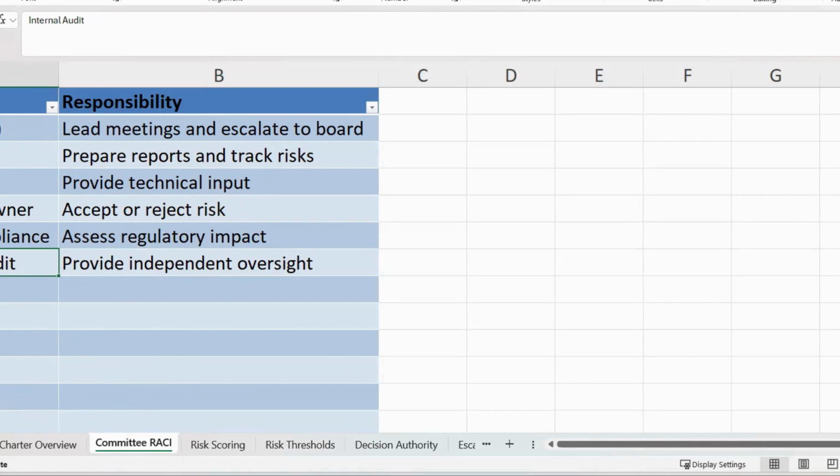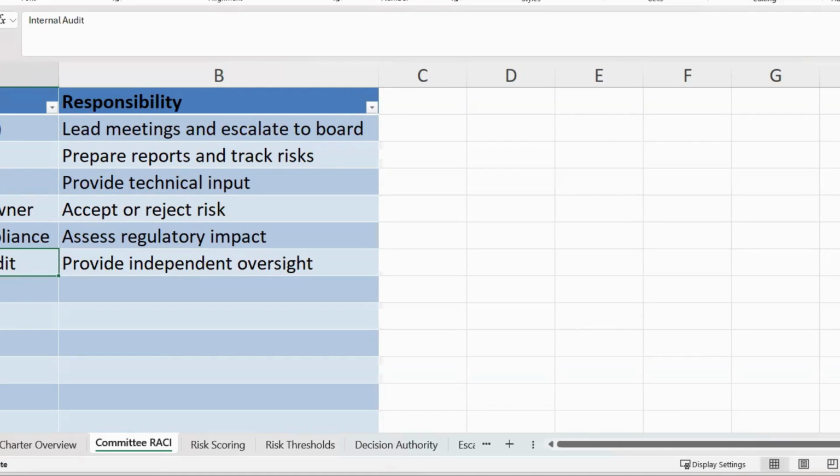Once that has been established, you would have your risk scoring decision, which is the overall part of defining your risk decision framework. And this is where most GRC professionals fail.